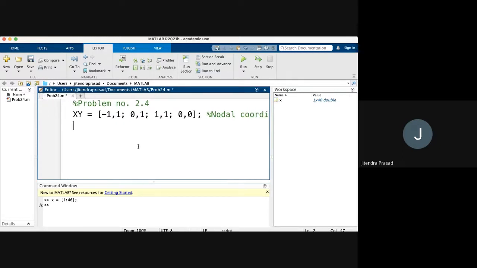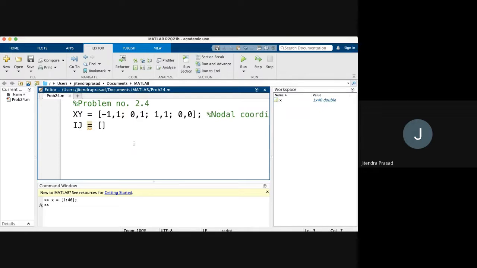Okay, next we also have to define the connectivity, how they are connected, and that is important. You can say this is the IJ matrix. What is the connection?